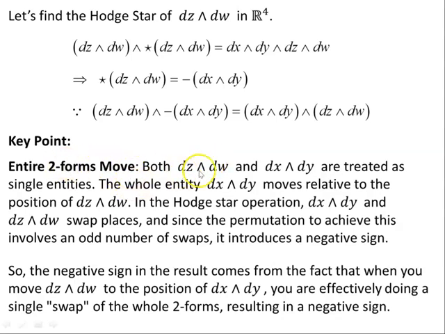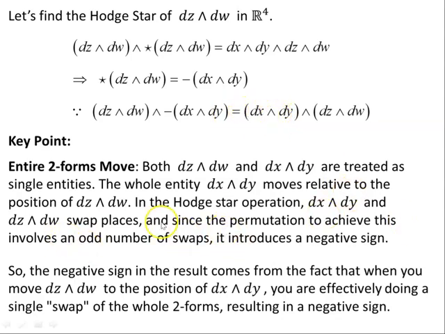So when both dz wedge dw and dx wedge dy are treated as single entities, the whole entity dx wedge dy moves relative to the position of dz wedge dw, right? So that moved to the front over here. So this two form changes position by one move to this form here, which is why the sign changes.